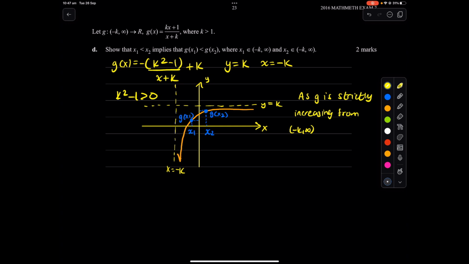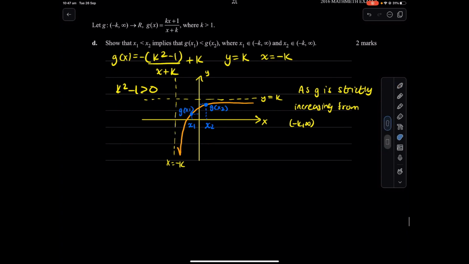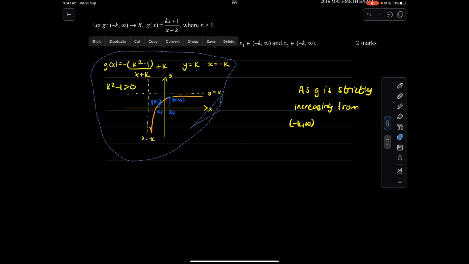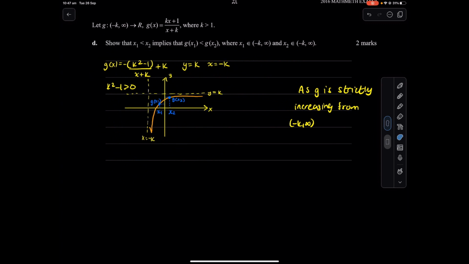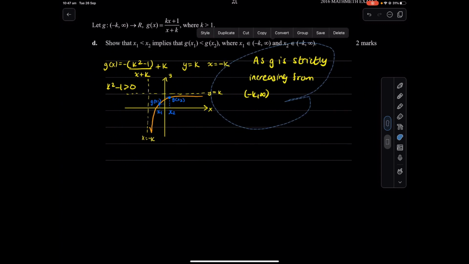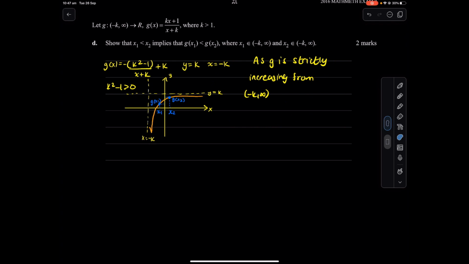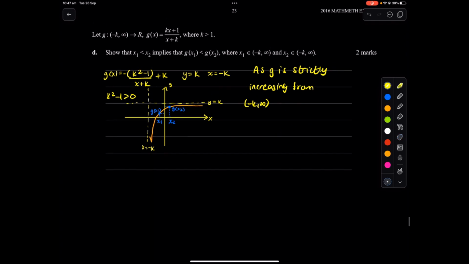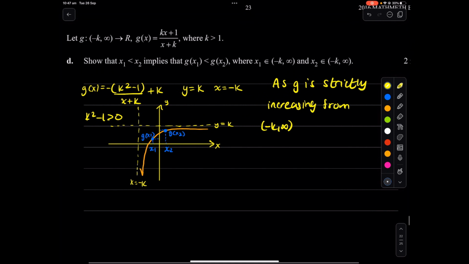How would we get marks for this? Let me just make this smaller so we can write some stuff. Let's write this over here.